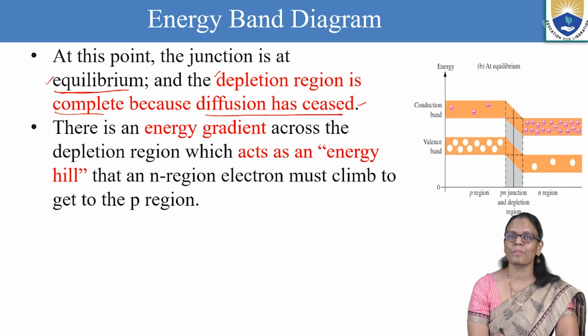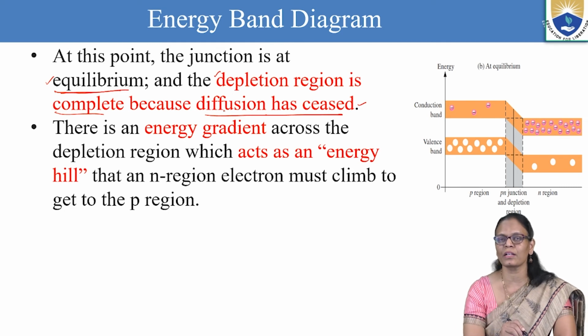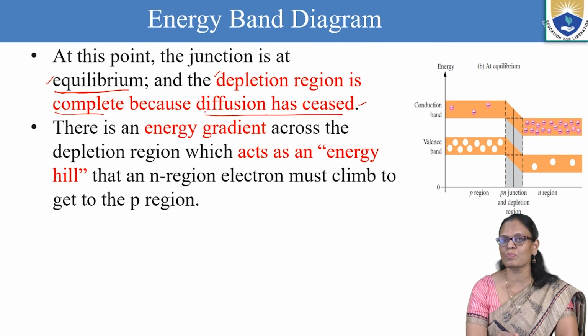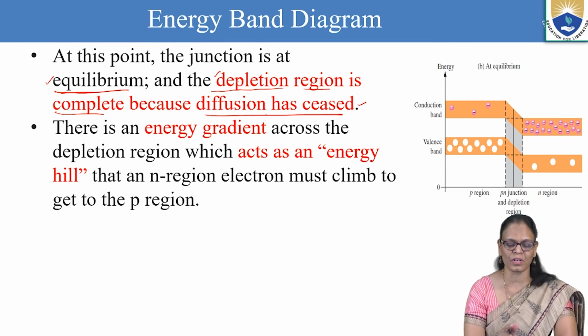Diffusion, the movement of electrons from higher concentration to lower concentration, has ceased because there are no more electrons with enough energy to go across due to the overlap. Second, because of this movement, a depletion region is formed and there is no further movement of electrons, and it is in equilibrium.